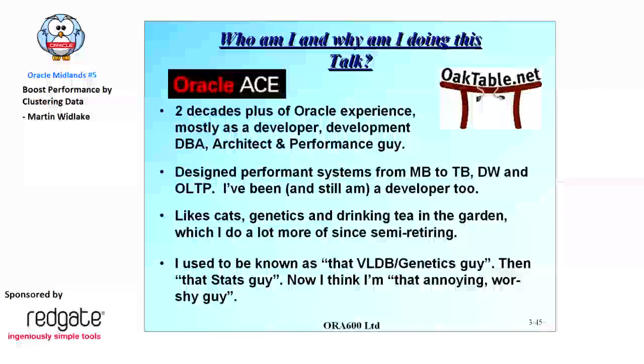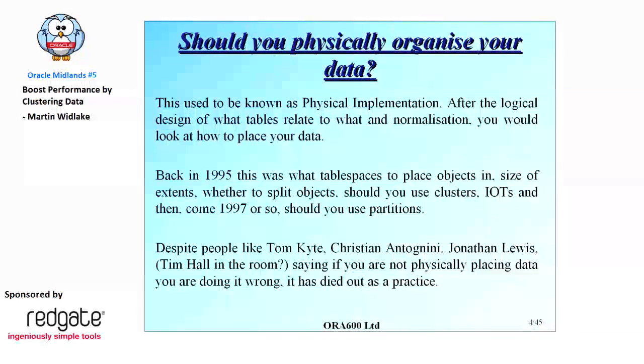I love cats, don't like computers, and in fact I'm retired. Or I was until about 3 weeks ago when a friend rang me up and said, "Can you come down into London and help? We need help." So I did, and as a result I am now, at the moment, utterly knackered and can barely stand because I'm not used to this working life anymore. So I used to be known as that VLDB genetics guy, and then that stats guy, now that annoying workshy guy.